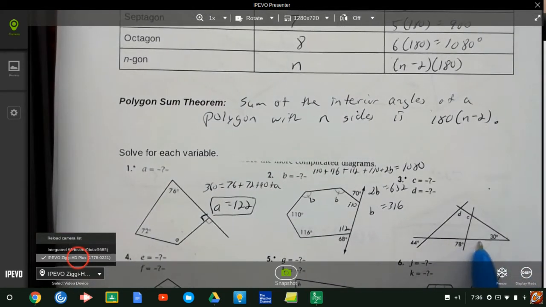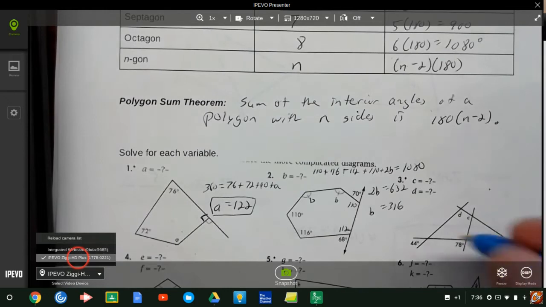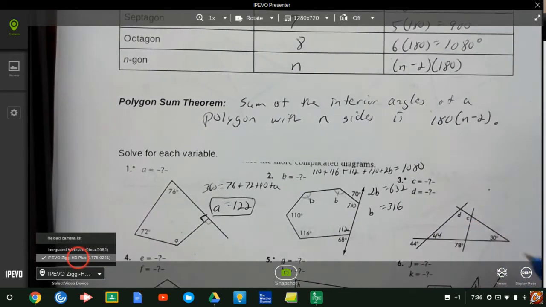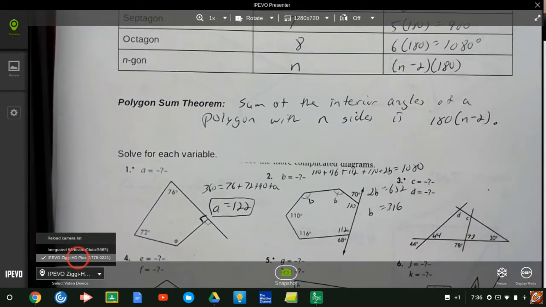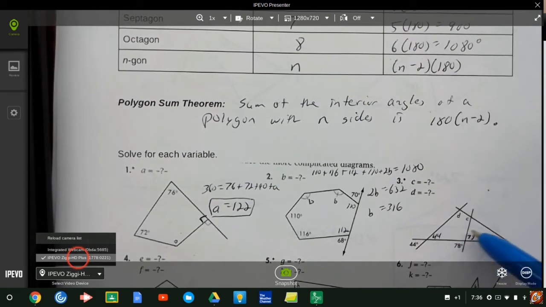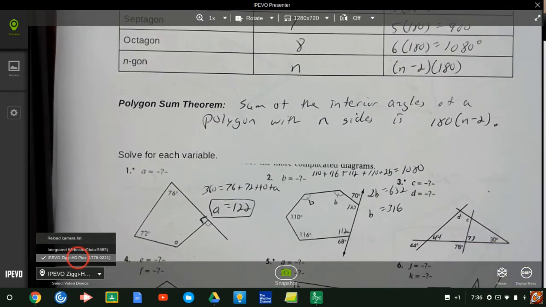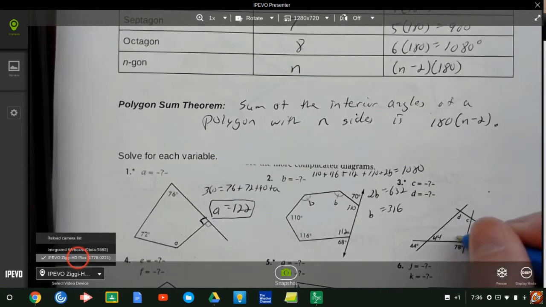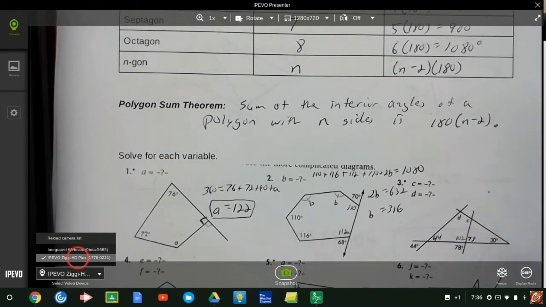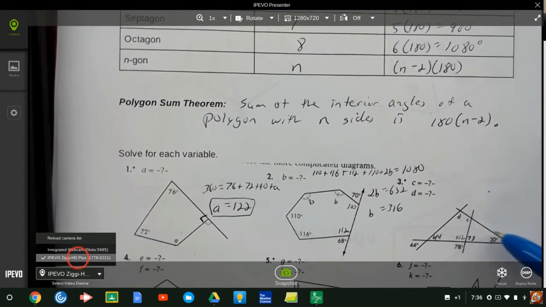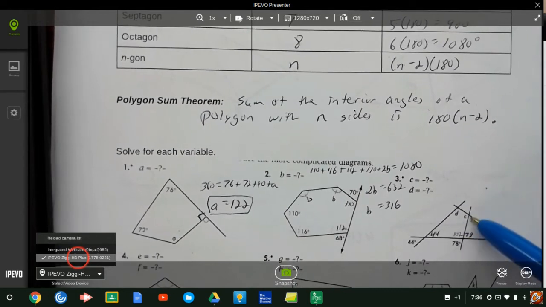With this problem here, let's see, vertical angles. So there's 44. That's 78. Let's see, I'm looking at this problem here. 180 minus 78, so I get 102 here. I can't sum those together because I got two different variables here, but I can find this missing angle here, the triangle. So 78 and 30 is 108.